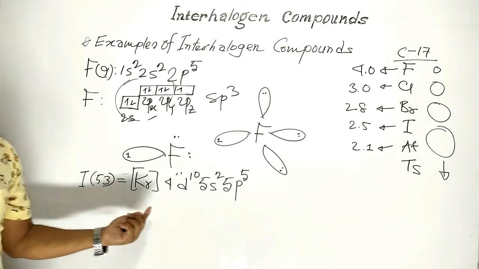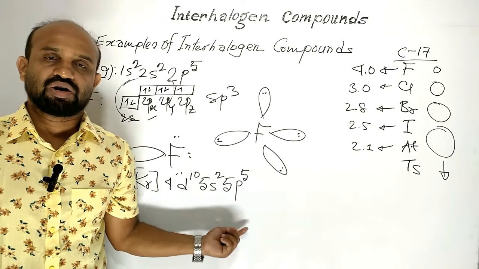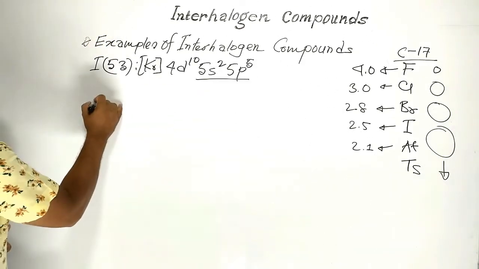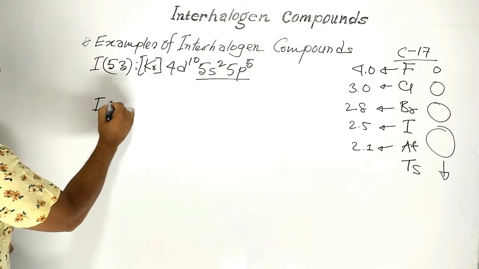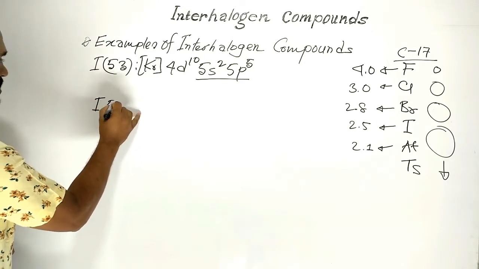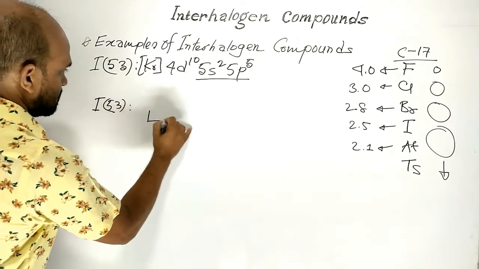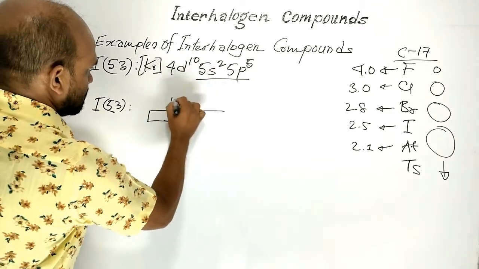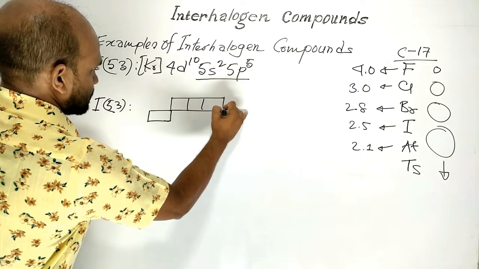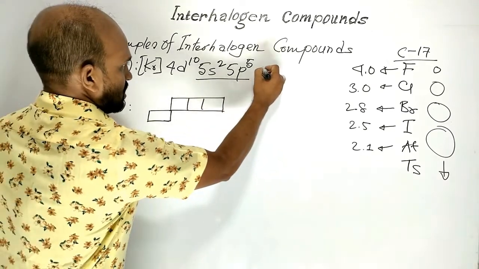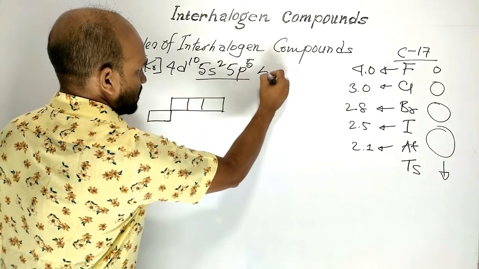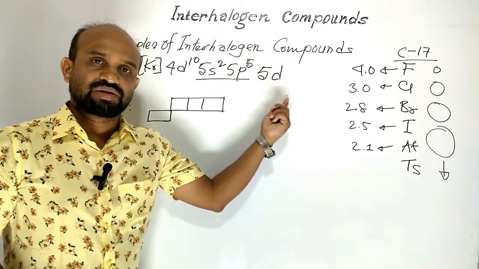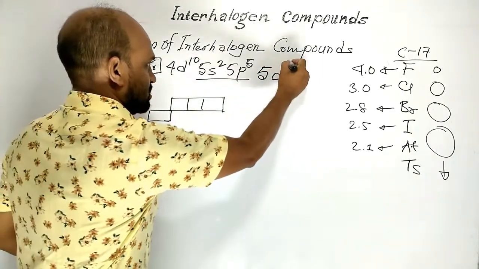Let's write electronic configuration of iodine in box method. This is 5s orbital, 5p orbitals, and iodine has d sublevel, but d orbitals are vacant.